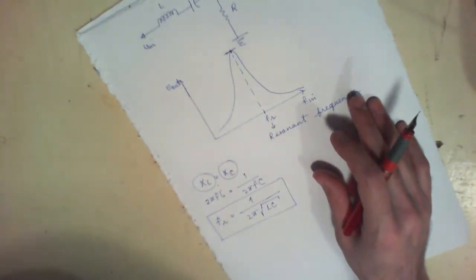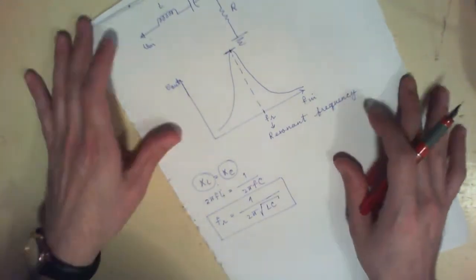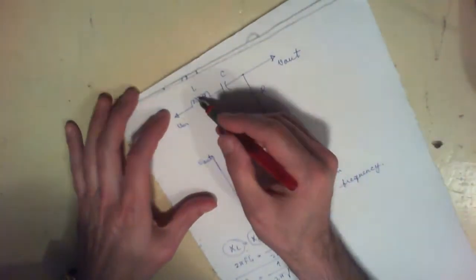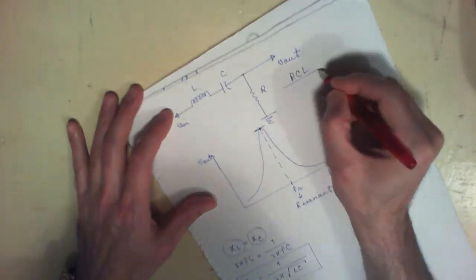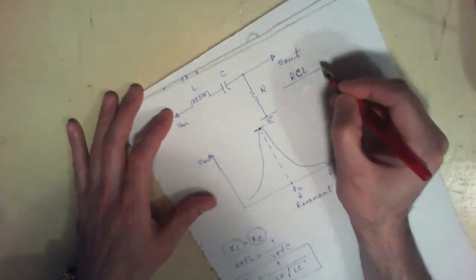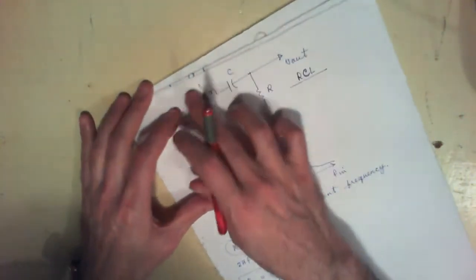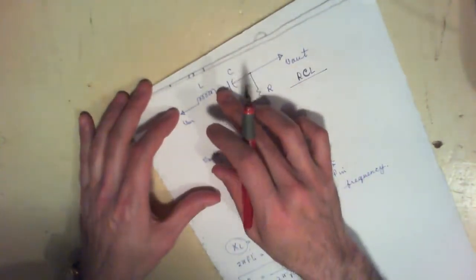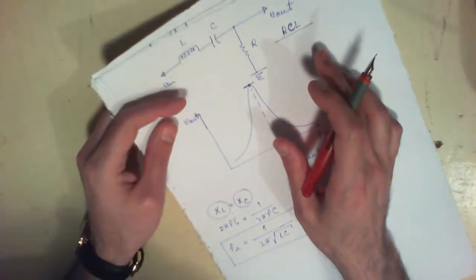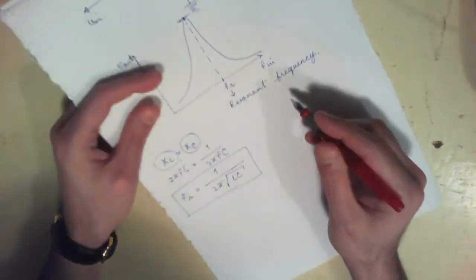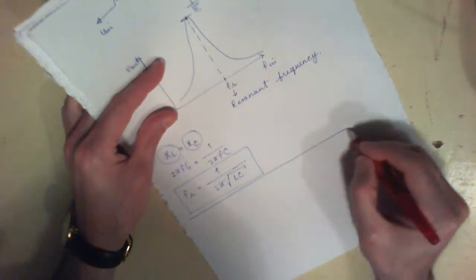resonant frequency. Now the same circuit that we have here, and this is basically an RCL circuit, we can actually use it in a different configuration and use it as something called a notch filter.